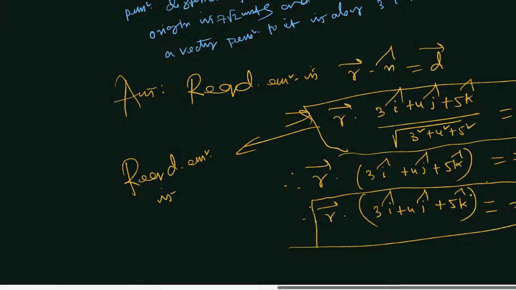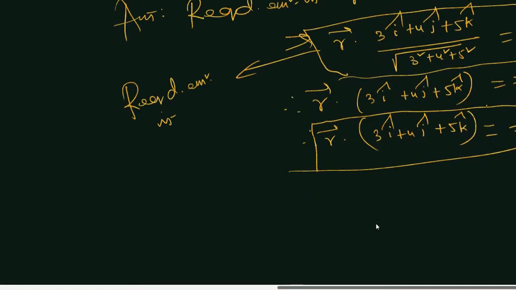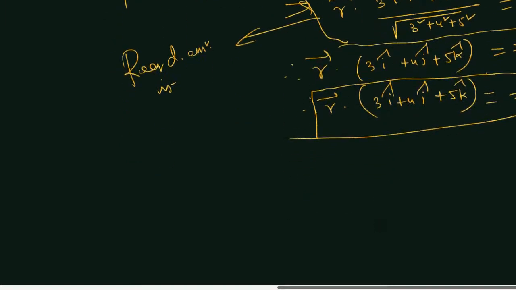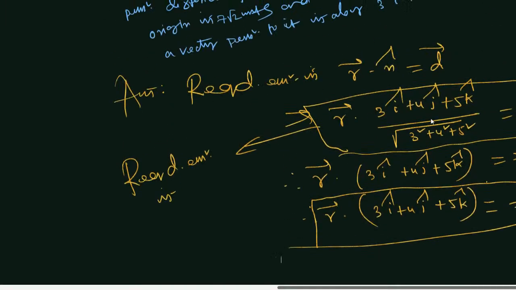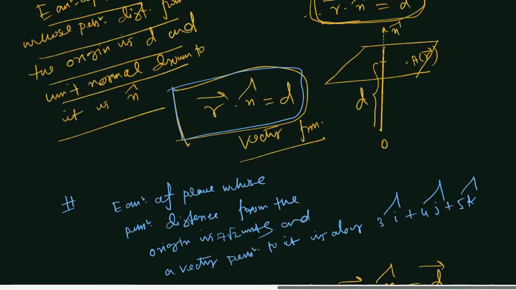Clear? Understood? So this is the equation of the plane. The unit normal to the plane is there, we can leave it there or this way. But now we will be interested to know its scalar form. What will be the scalar form of this plane?